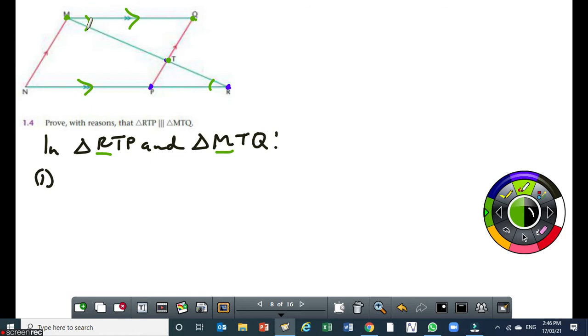So what do you call those angles? Alternate. They are alternate because MR is also a transversal. It connects two lines that are parallel.